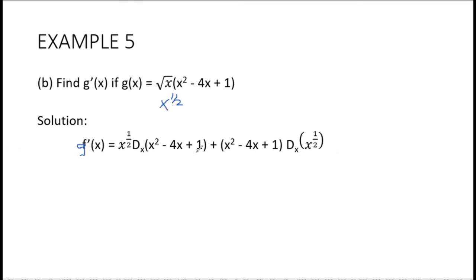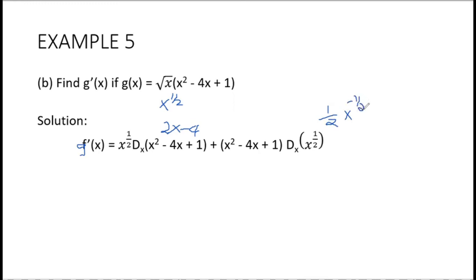So, ang derivative nitong quadratic na ito ay 2x minus 4. Then, ang derivative naman itong square root expression ay magiging derivative nito ay 1/2 x raised to negative 1/2.